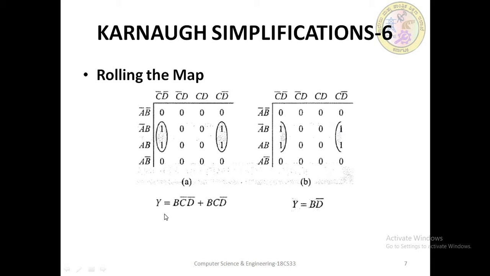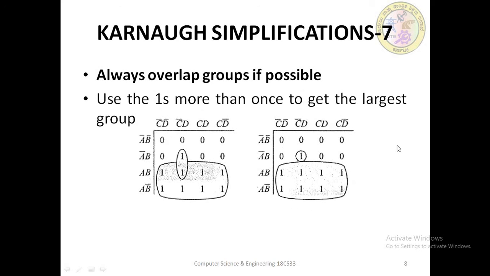Here you can see B is common, we will take it out, and D bar is also common, we will take it out. C and C bar: as A plus A bar is always 1, in the same way C plus C bar equals 1. That means we will end up with B D bar. This is the right answer, B D bar, right? That's it. So it can be simplified like that also.